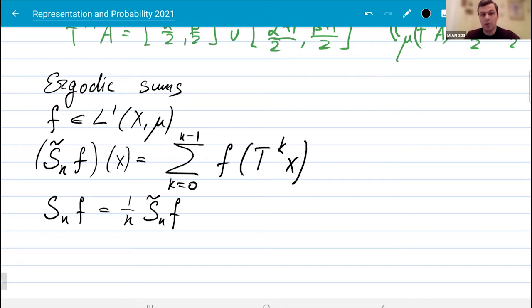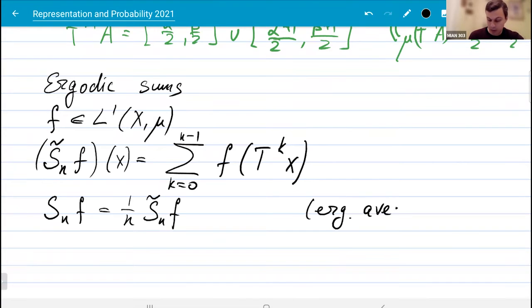So how can you explain this notion? You take the point and the first n points in its orbit, and you take the average of the values of the function at these points. These are the ergodic sums or ergodic averages.